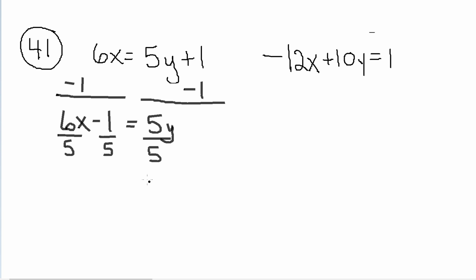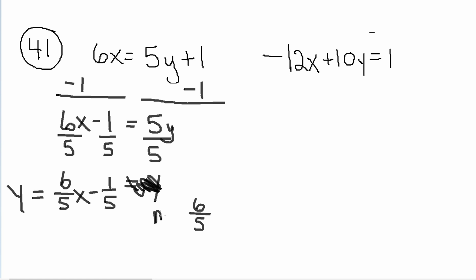Right? And then I'd have y equals, I'll keep it as 6 over 5x minus 1 over 5. If I don't like the looks of that, I could just put the y equals over here at this point. Either way, the slope for this equation here is going to be 6 over 5.